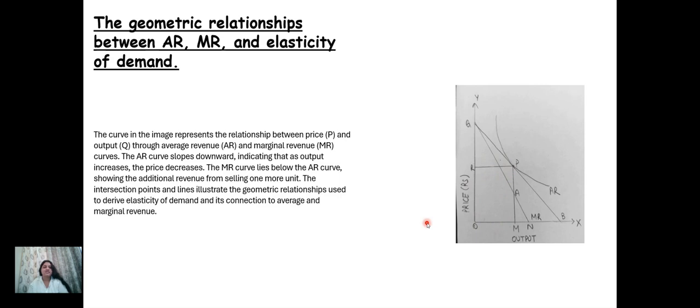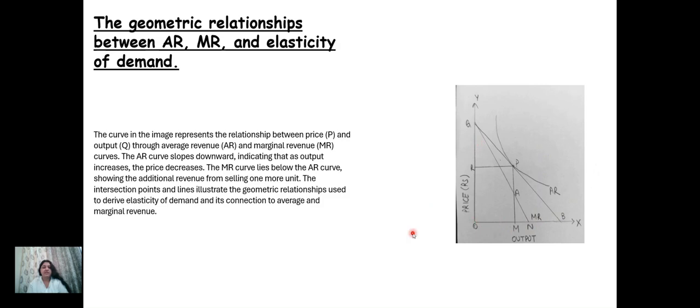This curve basically shows how this point is declining and meets from point P to M. This is line MR and this one is the average revenue. We take output on the x-axis and price on the y-axis.